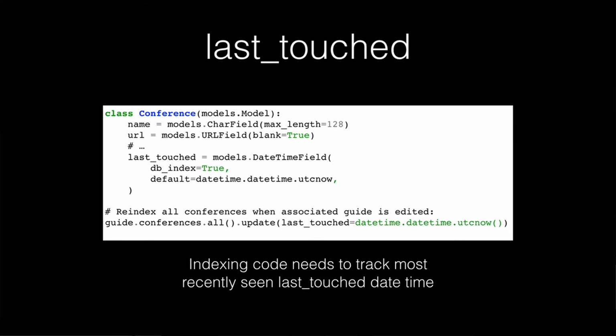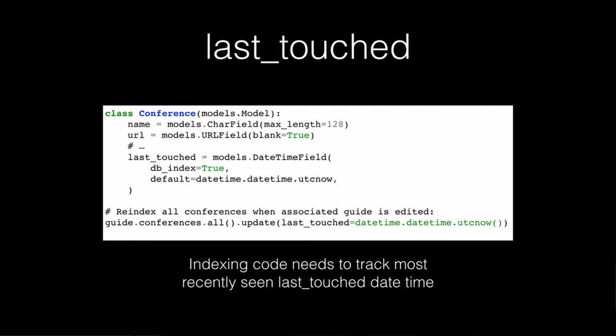If, for example, you're about to launch, let's say at Lanyrd we decided we wanted to ship Elasticsearch, we'd want the Elasticsearch index to be able to keep track of how many updates it's applied separately from our Solr search engine. And with a Boolean flag that's recording like either yes or no, you can only use that against one index. If you've got a datetime field, your index can keep track of what the last touch time it saw was, and it can query for things since then.